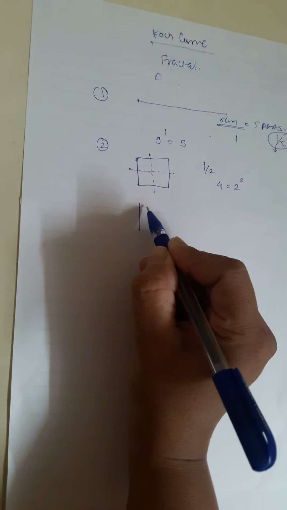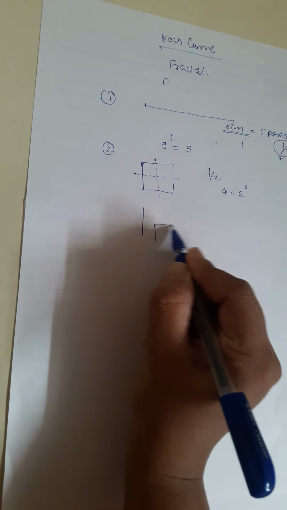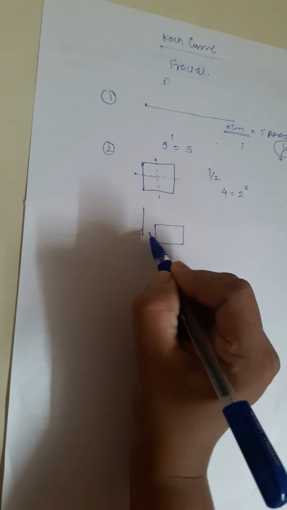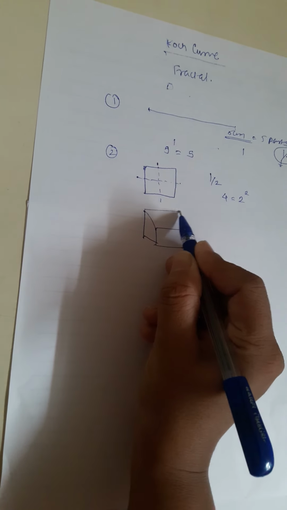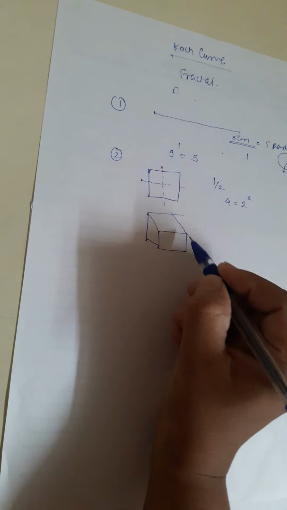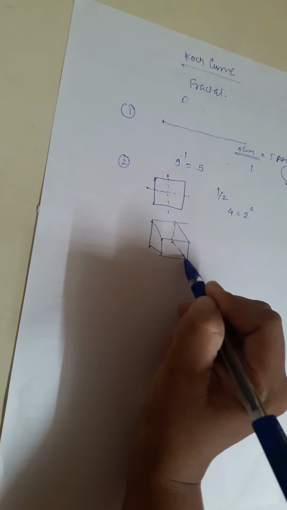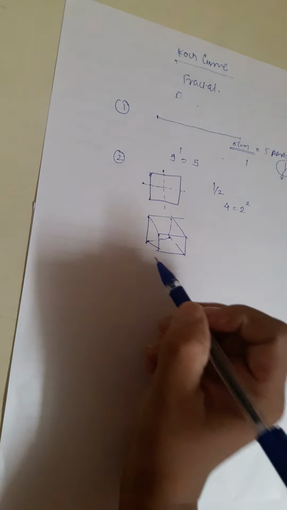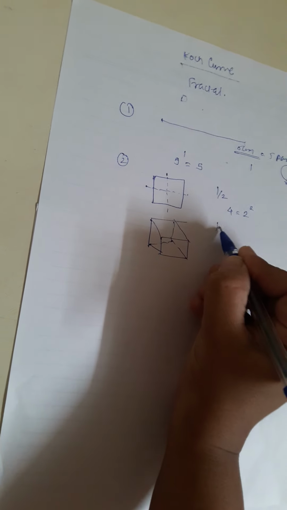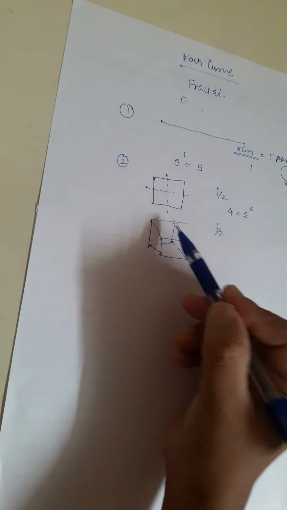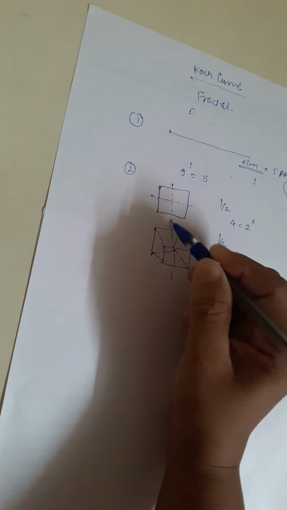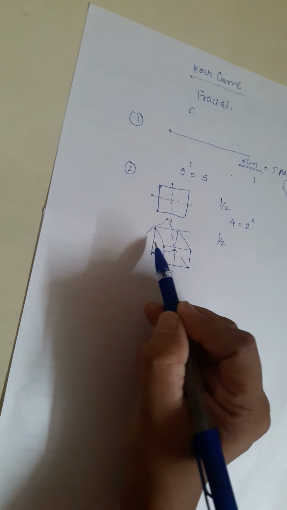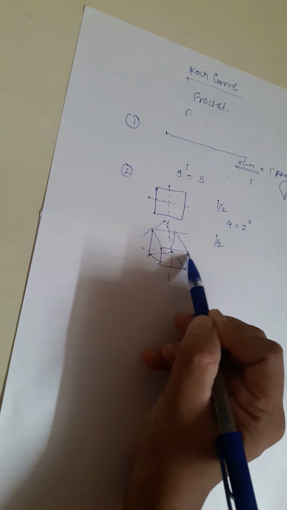Next, consider we are taking a 3D square, a cube. It will look like this. Now divide it again, or scale it by half. So I'll be cutting from this side and cutting again at the half like this.